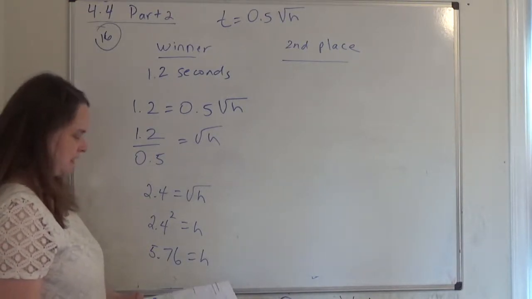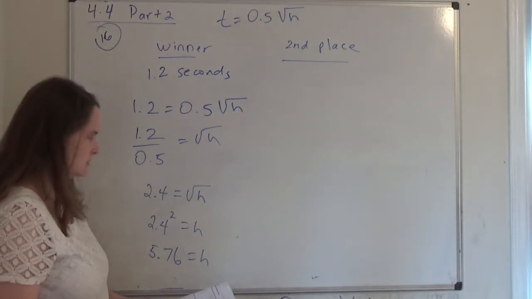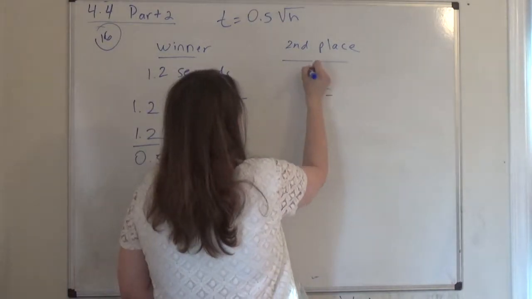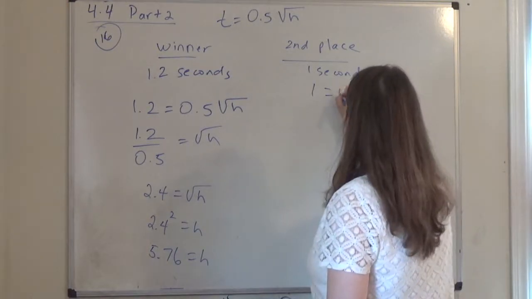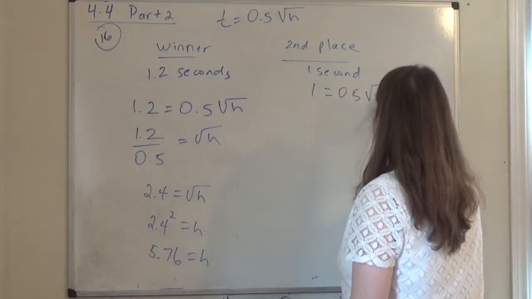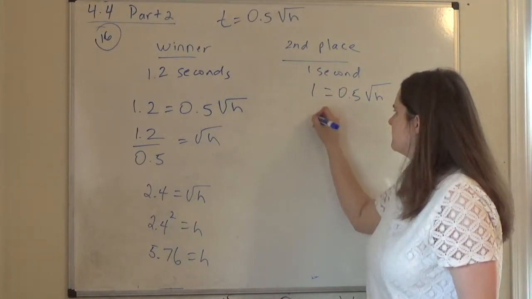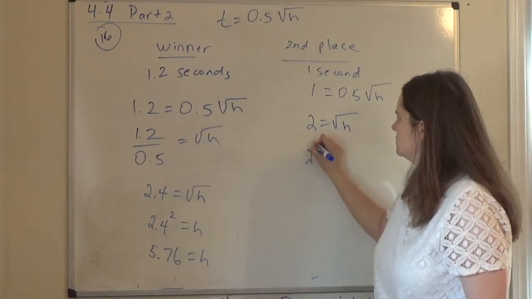And then for the second place finisher, their hang time was 1 second. So put 1 in for t. So 1 equals 0.5 times the square root of h. Divide both sides by 0.5. 1 divided by a half is 2. Square both sides.